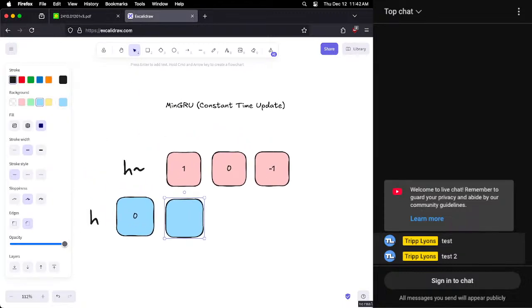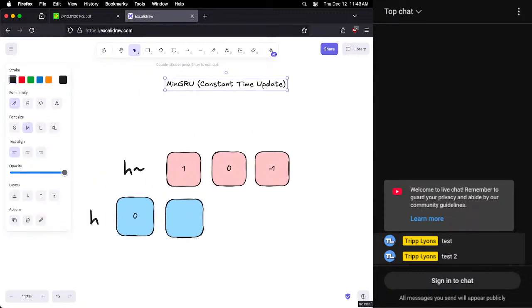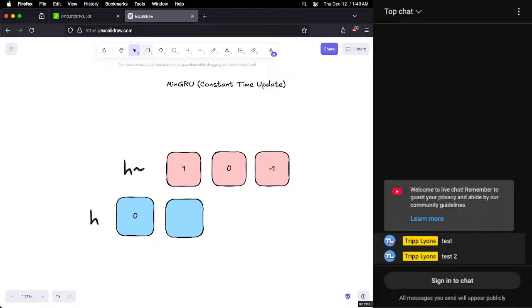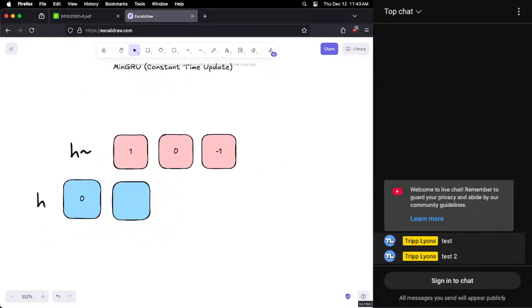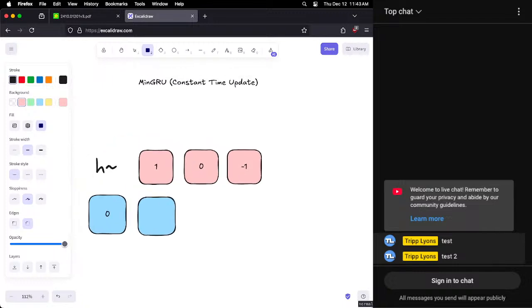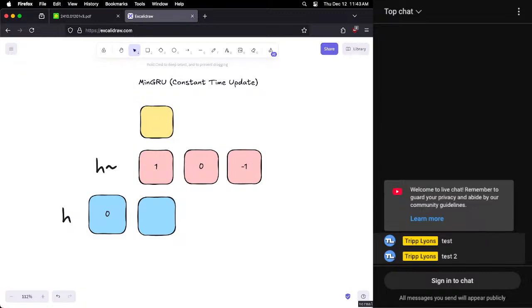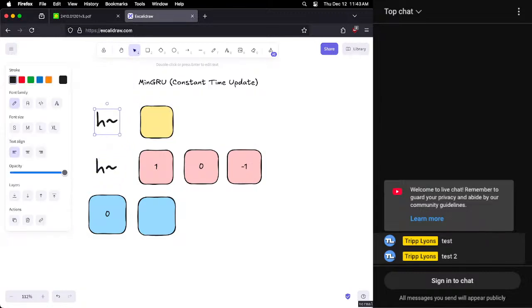And then we have X somewhere that produces H, and it produces H and Z. Z in maybe green, or yellow. Okay. So we have Z here.